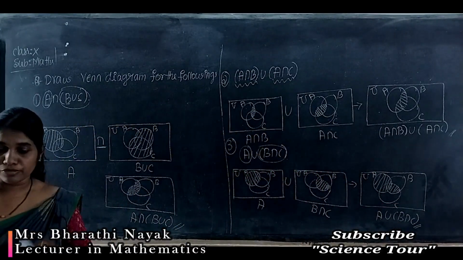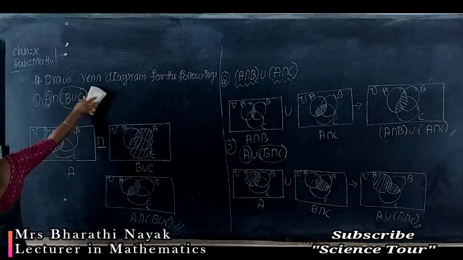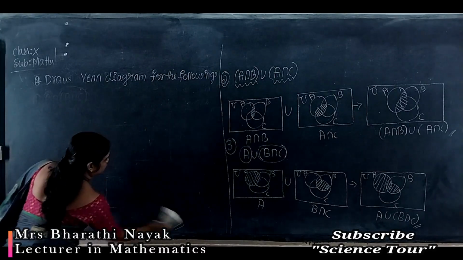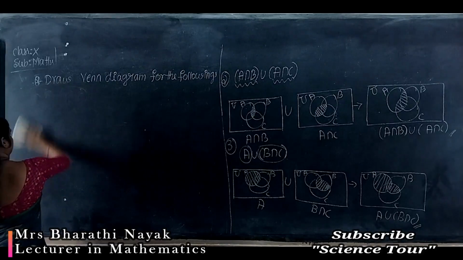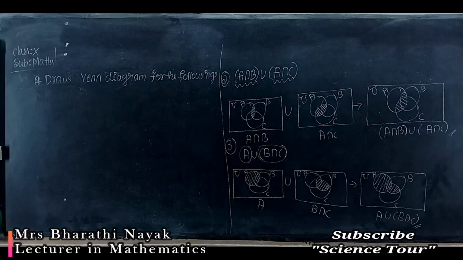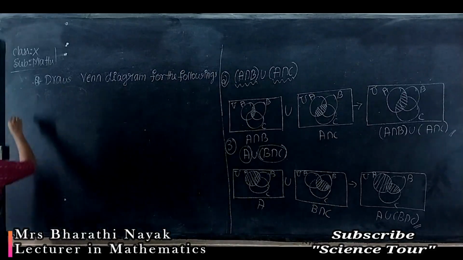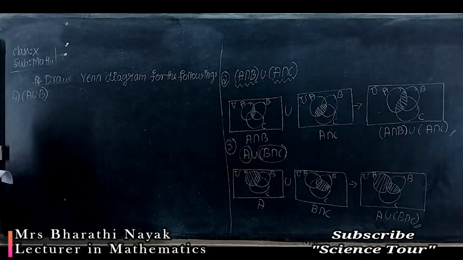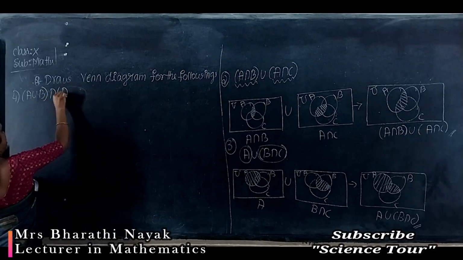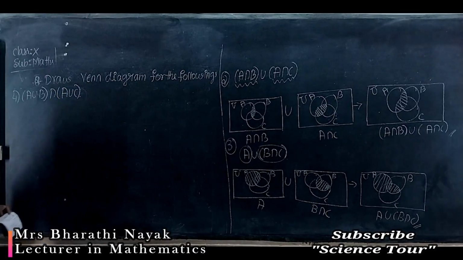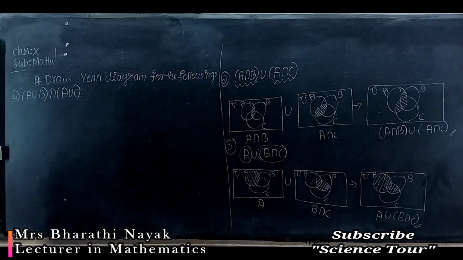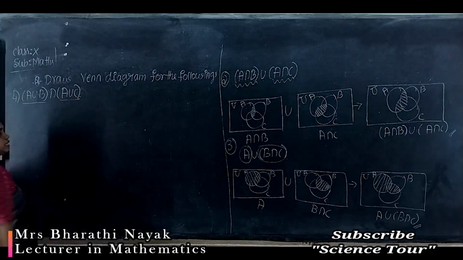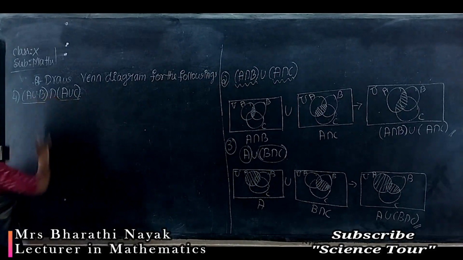Next, one more problem, the fourth problem I'll consider. A union B intersection A union C. Again, first I'll consider A union B, next I'll consider A union C, later I'll consider the intersection.